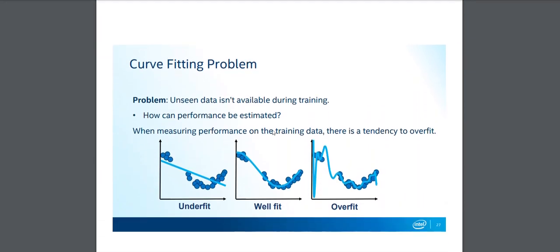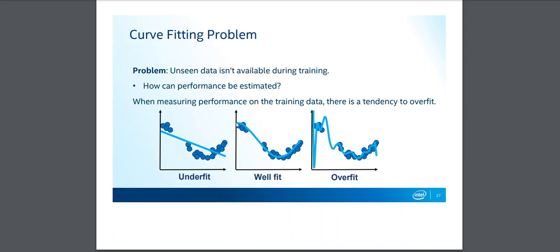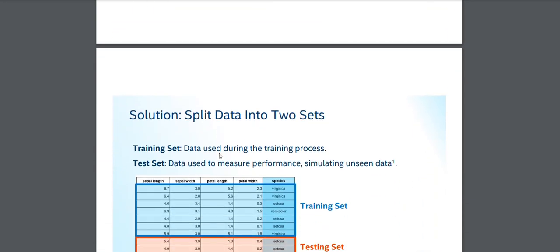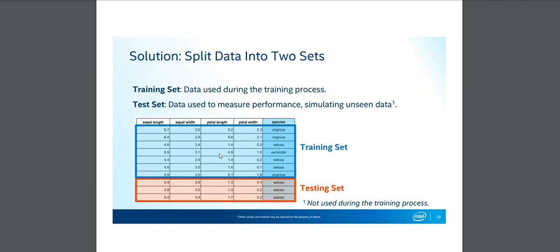We want to avoid overfitting. We want a well fit. So here's our curve. Everything's right there. Here's our curve on overfitting. You're trying too hard. And here's underfitting. You're not trying hard enough. I say you, it's the model itself.